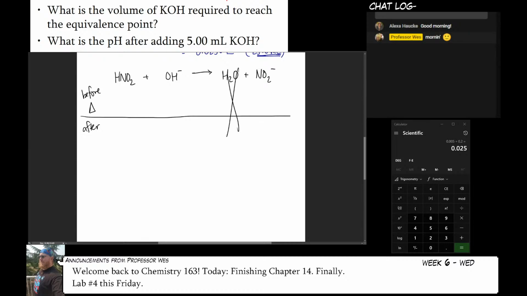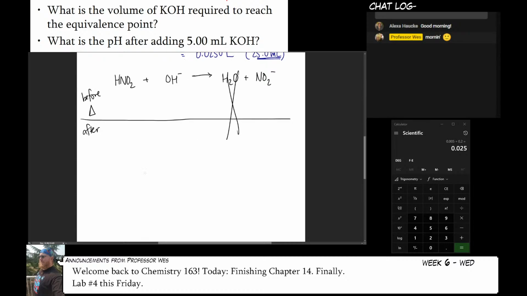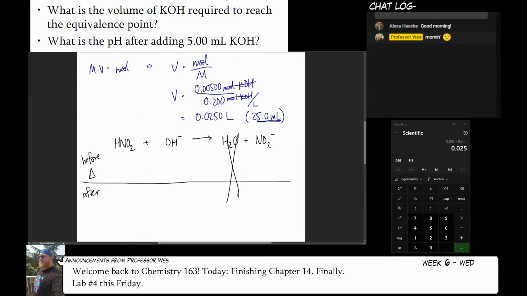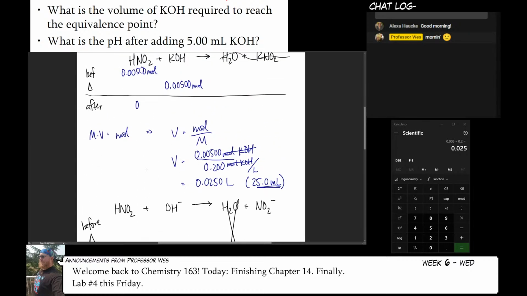And we don't care about water. So we know how many moles of HNO2 are in the container. We can just scroll up and look at that. It was 0.00500.